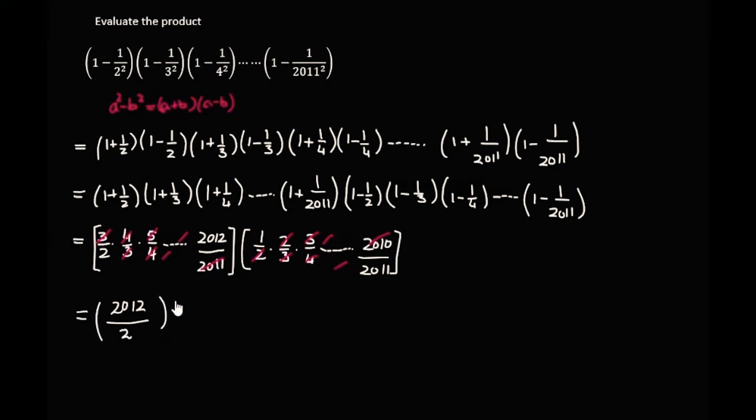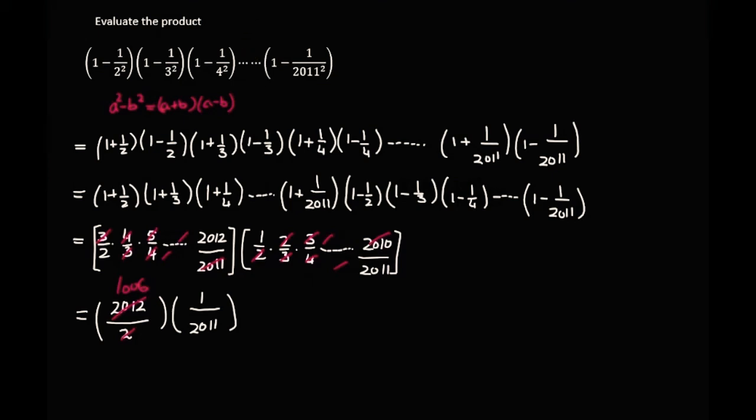And in this expression, because all the terms have been cancelled, we are only left with 1 in the numerator, and the denominator is 2011. When you cancel this term 2012, it will cancel to 1006.